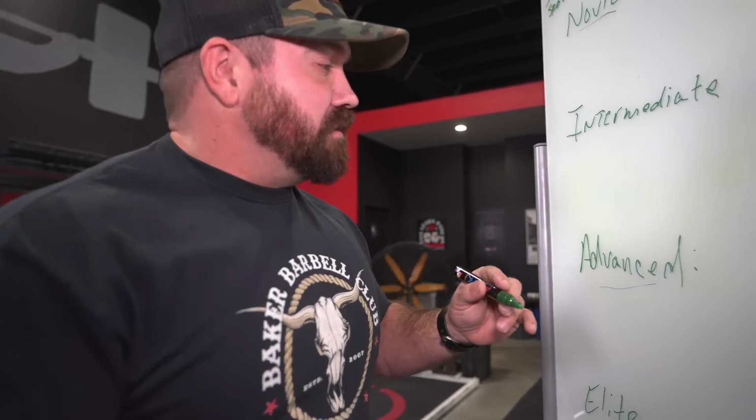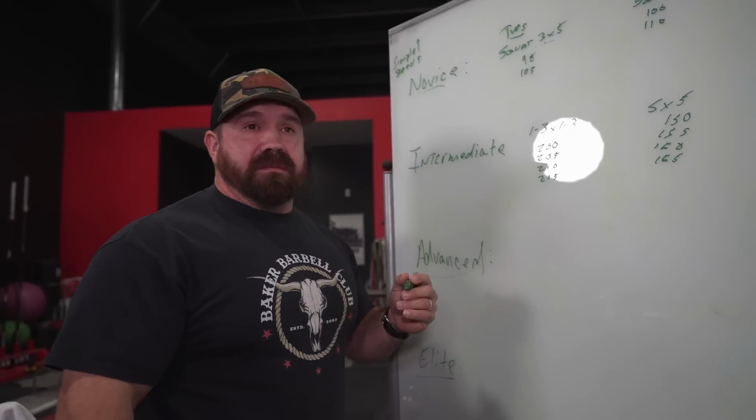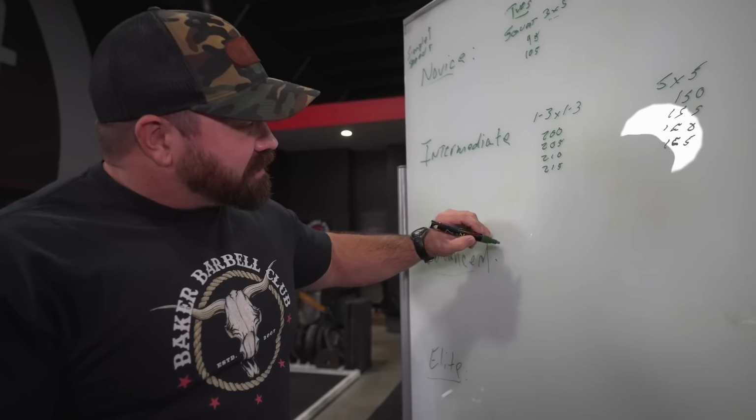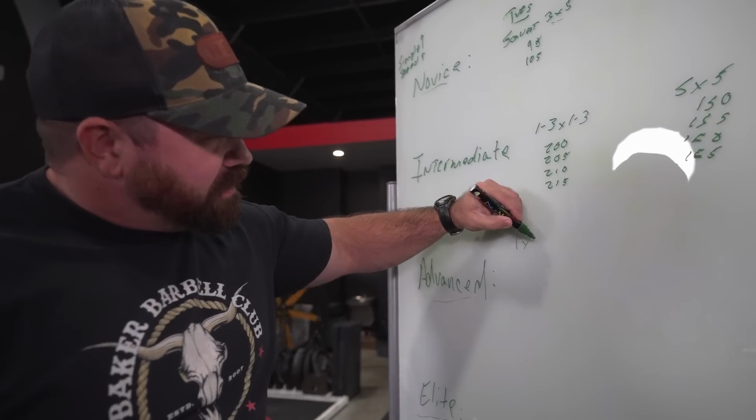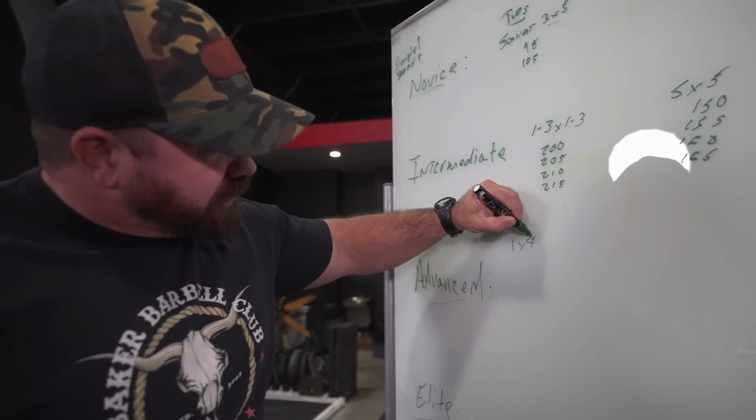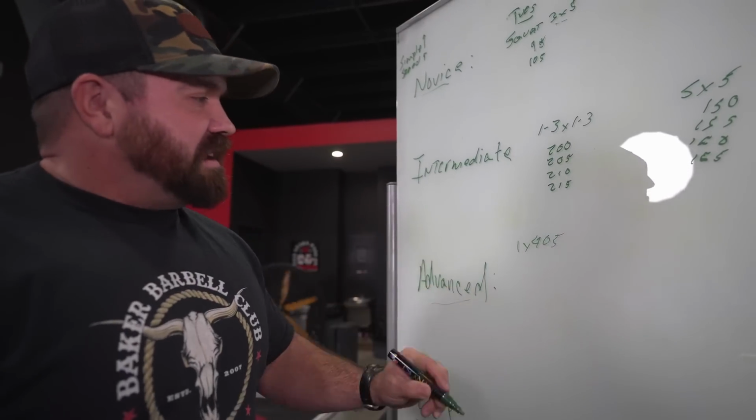Okay. What that's going to look like takes a little bit of planning by the coach and by the lifter. Let's say this guy's last PR was, let's just say, 405. So he set a single at 405.